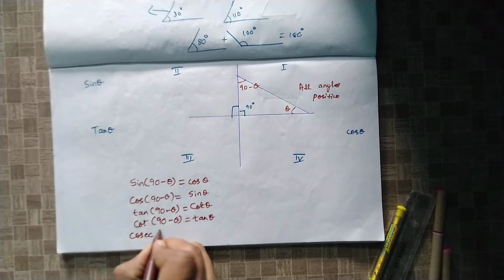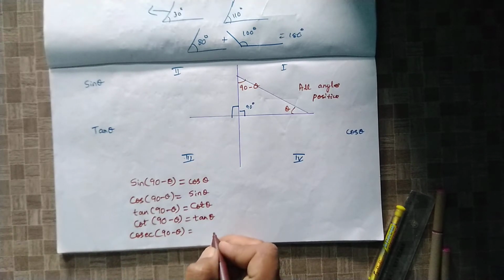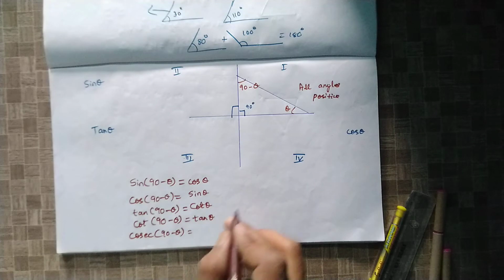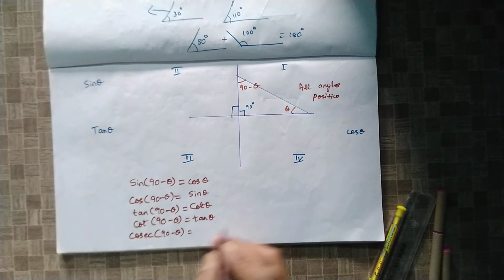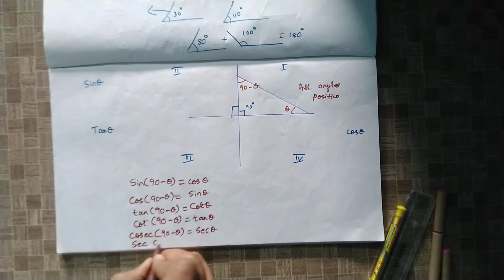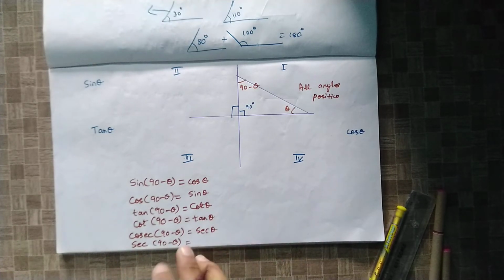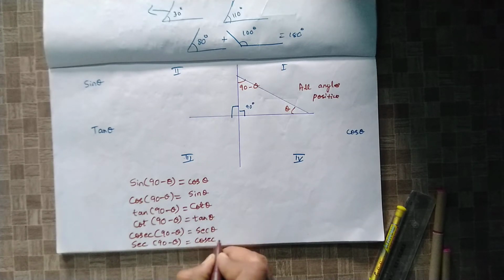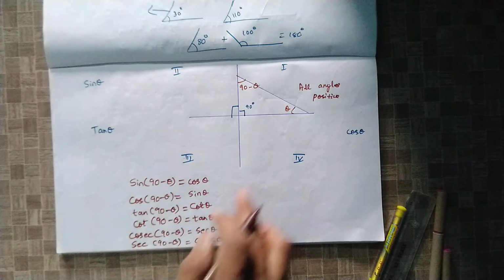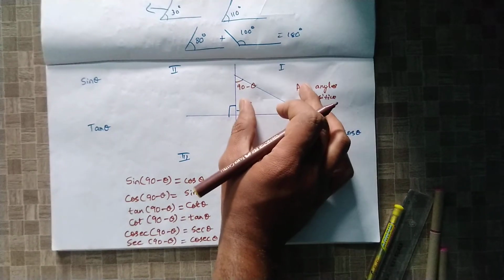Cosecant of 90 minus theta becomes secant theta, and secant of 90 minus theta becomes cosecant theta. Now all the angles are positive. So this is called the first quadrant.